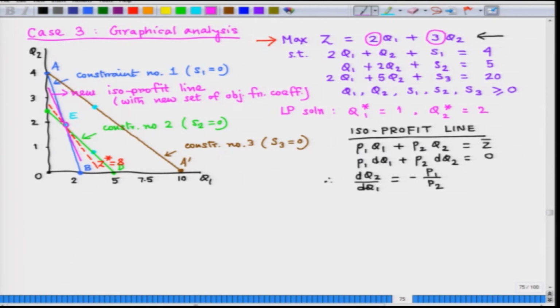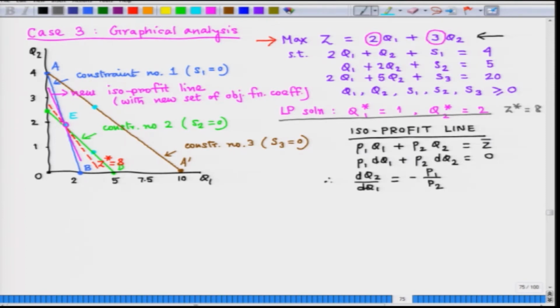But still it passes through the same point E, and hence the LP solution does not change. So, we get the same LP solution as we have obtained before, and we also get back the same Z star value which is 8.